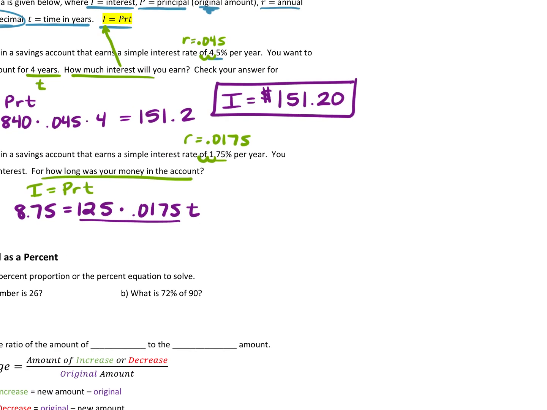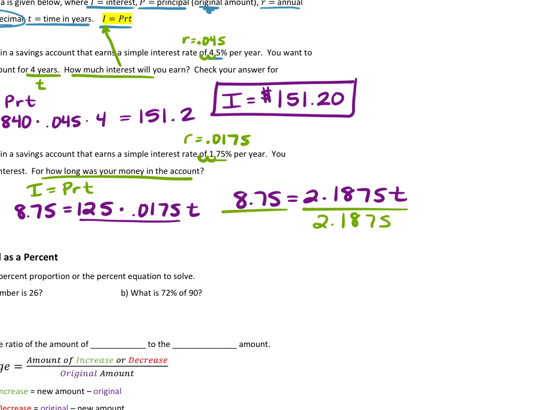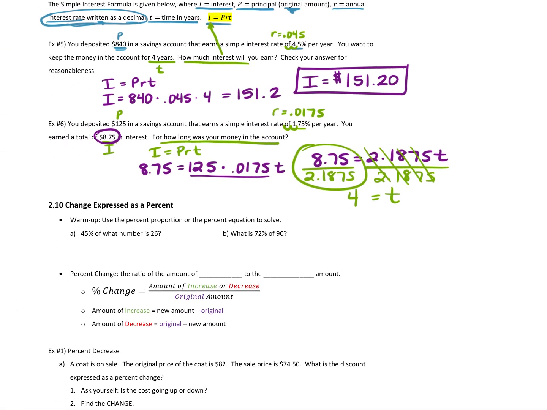So I'm going to go 8.75 equals, when you multiply those, you get 2.1875 T. And now solve for T. So we're going to divide. Divide that in your calculator, and what you get is 4. But answer the question. How long was your money in the account?